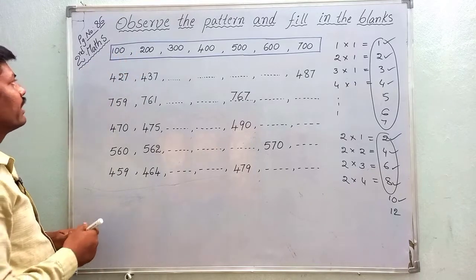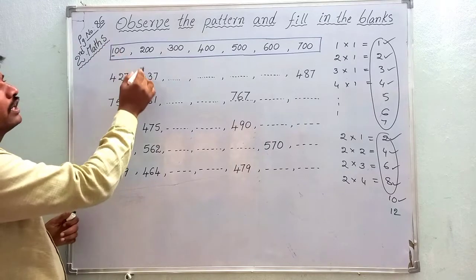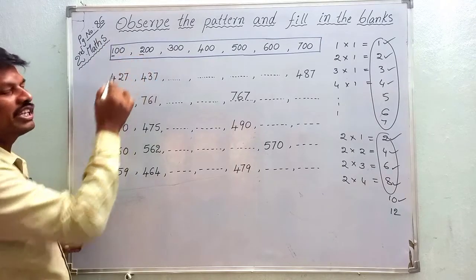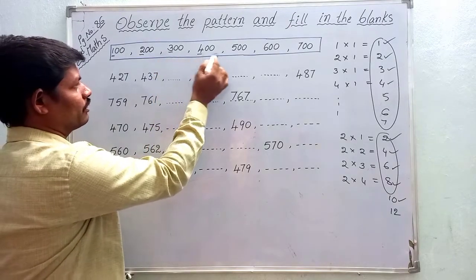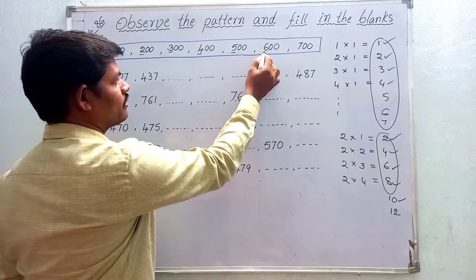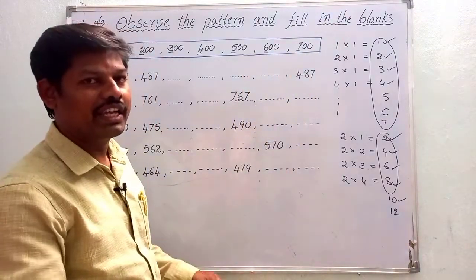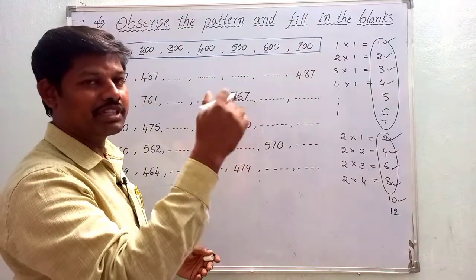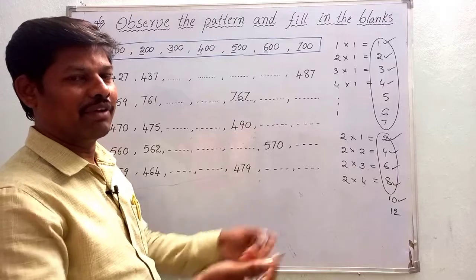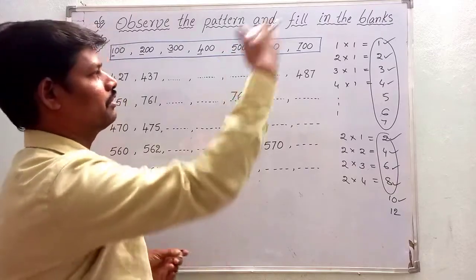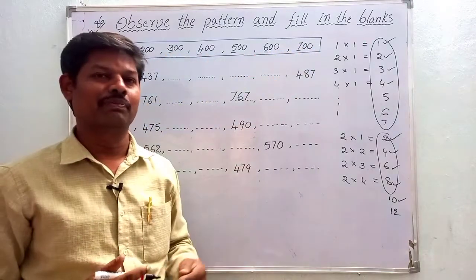Here in the hundreds place, 1 is there. Here 2 is there. Here 3, 4, 5, 6, 7. You can also write the next ones: 8, 9. That means 800, 900, 1000, 1100. You can go on writing if you wish. So like that patterns will form.